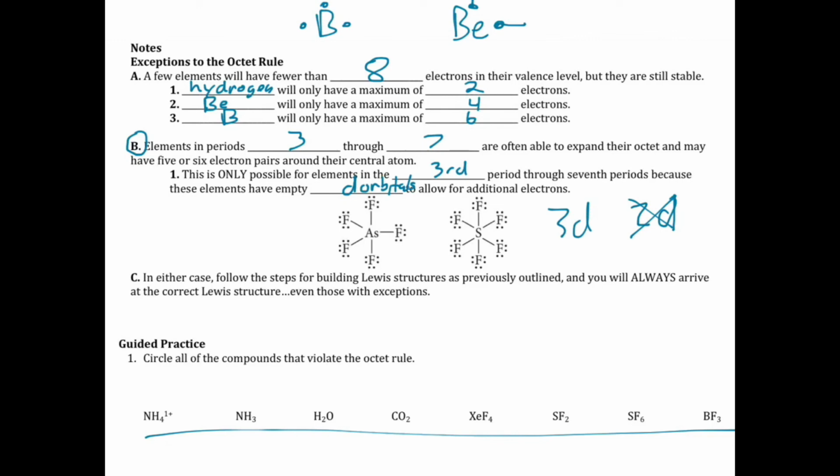This is how you know: if it's making more bonds than it should, then it's violating the octet rule. Or if it has any of those first three elements, hydrogen, beryllium, or boron, it's violating the octet rule. So go ahead and pause the video and answer that question.